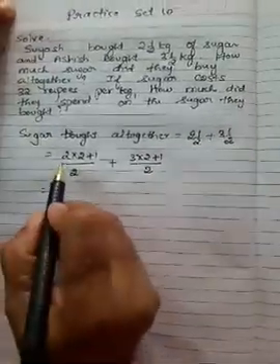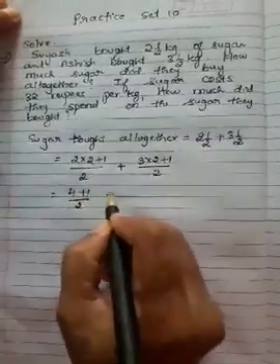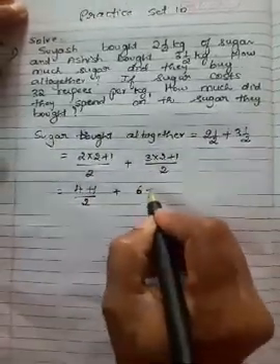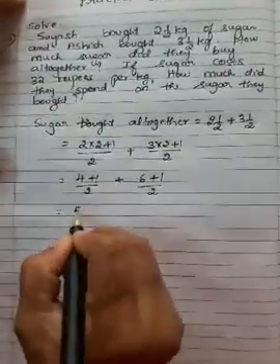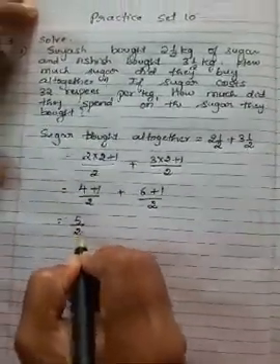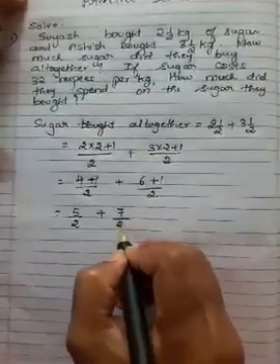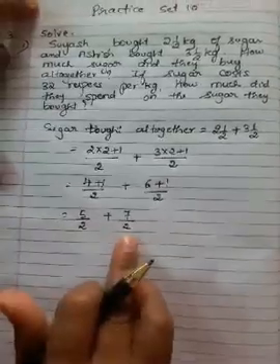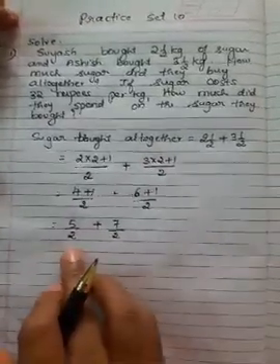Now simplify this. 2 2s are 4, 4 plus 1 upon 2, plus 3 2s are 6 plus 1 upon 2. So 5 upon 2 plus 7 upon 2.